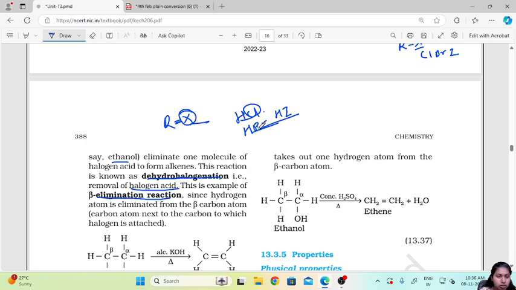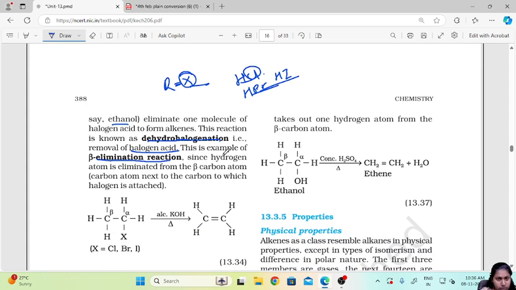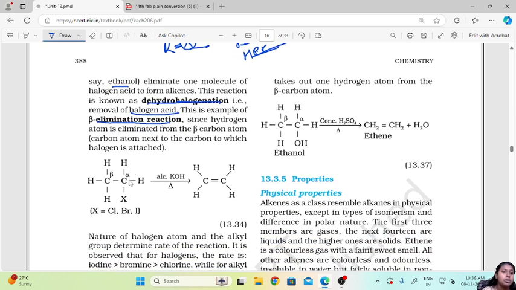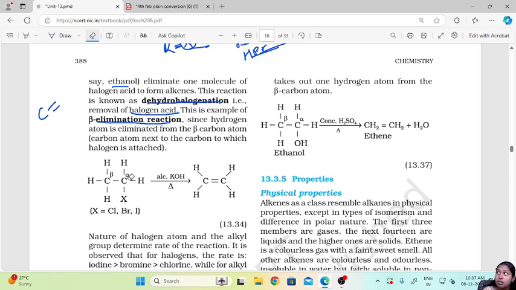Since a hydrogen atom is eliminated from the beta carbon atom, the carbon atom next to the carbon to which the halogen is attached, this is called a beta elimination reaction. Why? I'll tell you. You have a carbon-carbon bond and a halogen.